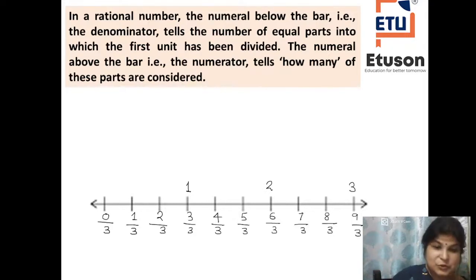Correct or not? So this is the way you can represent the number 1 by 3. In between any number, suppose I had not written this number here, sometimes it might be asked in your question, what is this particular graduation? So very easily you can find out. Correct or not?